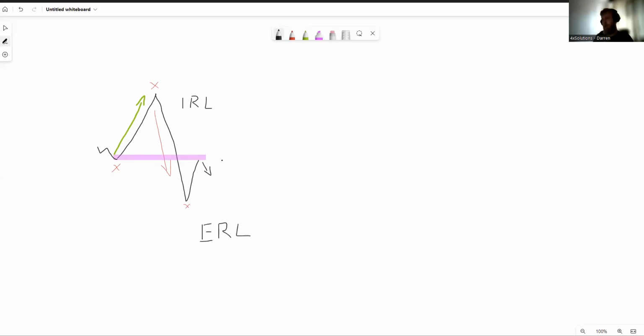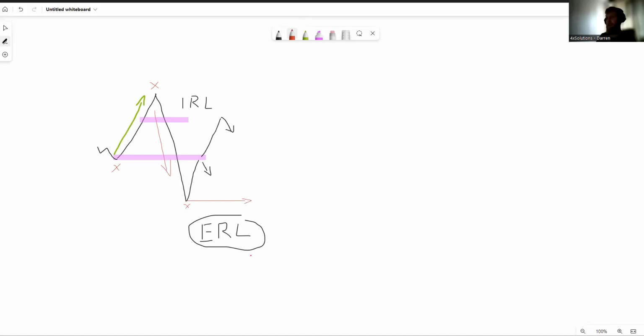So generally an order block is internal range liquidity, and if we're taking a trade idea based on internal range liquidity, we would generally target external range liquidity. So an order block is internal range liquidity because the order block could be sitting over here at the purple line, or maybe depending on what time frame you're looking at, up here maybe. But either way, it is internal range liquidity. And if we are taking the trade based on internal range liquidity, our target is external range liquidity.